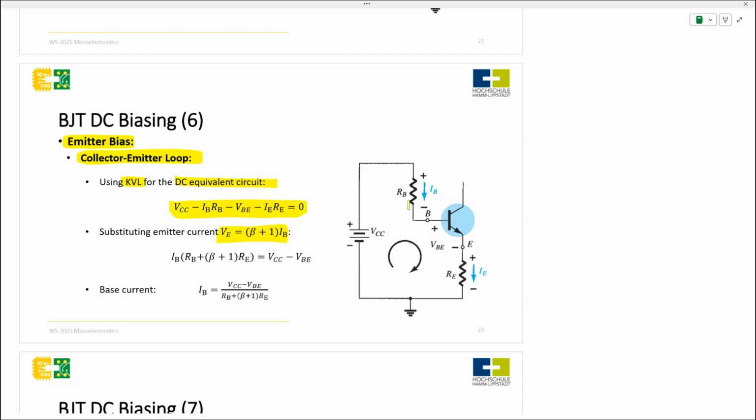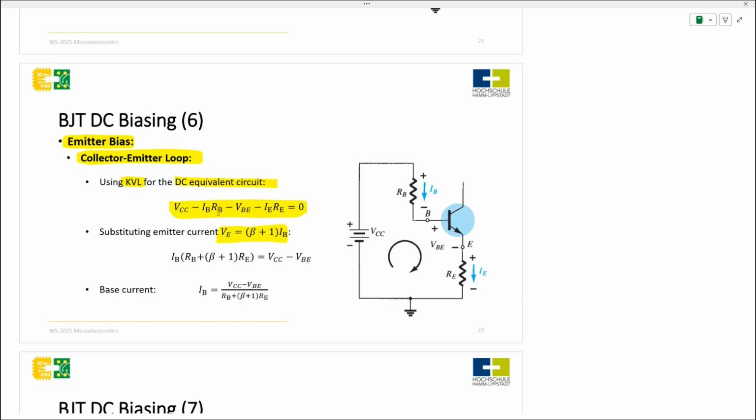There is a relationship between IE and IB. We know that, and between beta and IB and so on. You can just use it as it is, or maybe we can search for it. I'm not going to search for it right now, but just remember that IE equals beta plus 1 multiplied by IB.